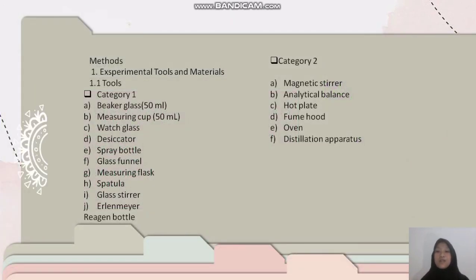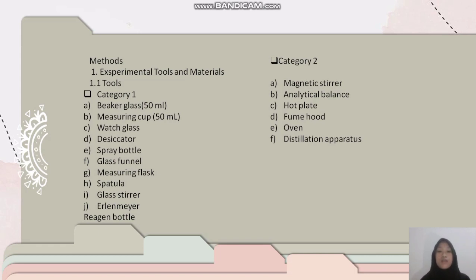Methods, experimental tools and materials. Tools, category 1: beaker glass, measuring cup, watch glass, desiccator, spray bottle, glass funnel, measuring glass, spatula, glass stirrer, Erlenmeyer, reagent bottle.